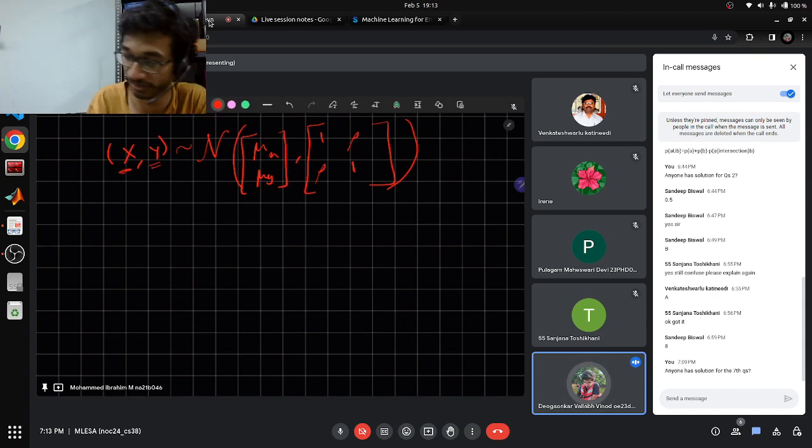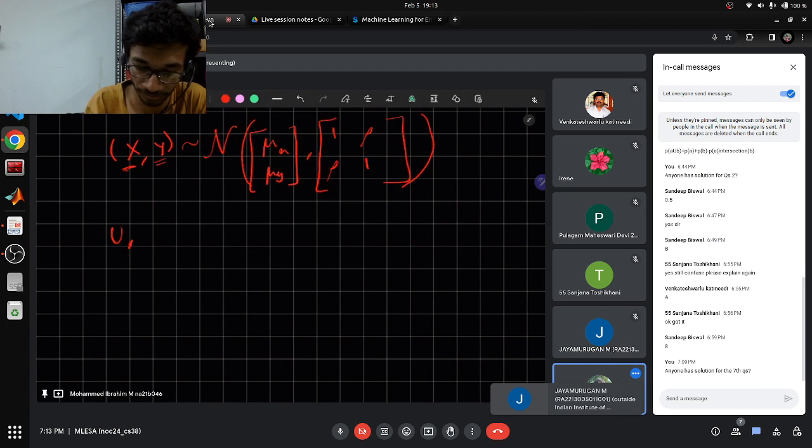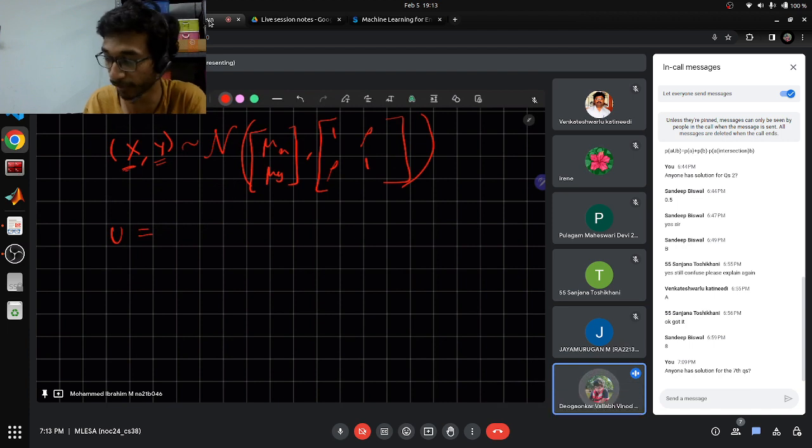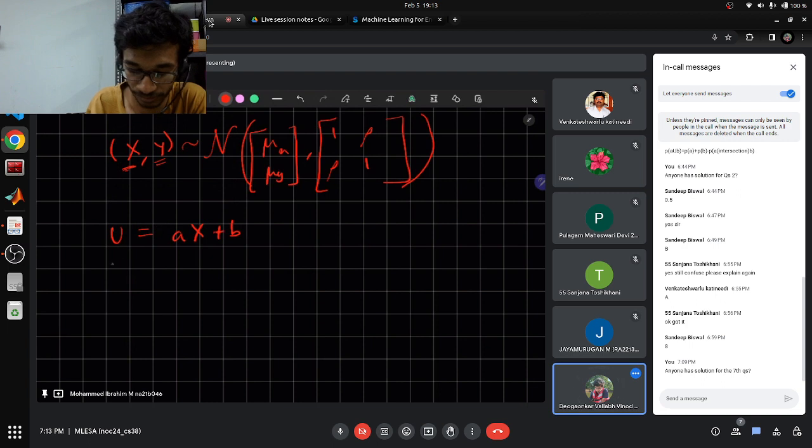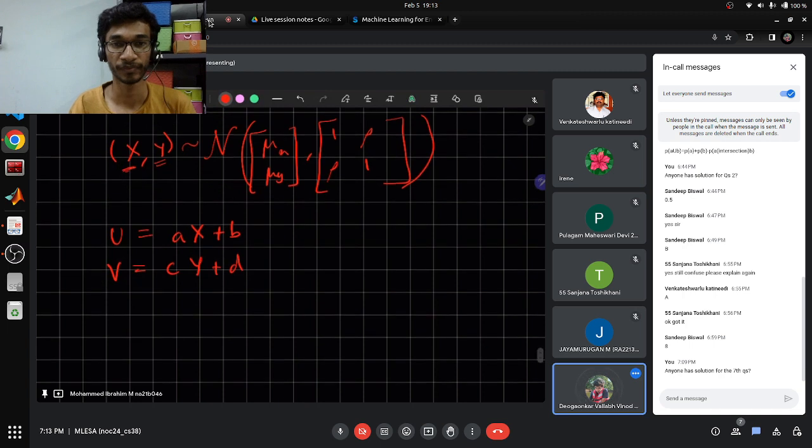And you have been told that there is a random variable u which is related to x as follows, and there is a random variable v also which is related to y, cx plus cy plus.